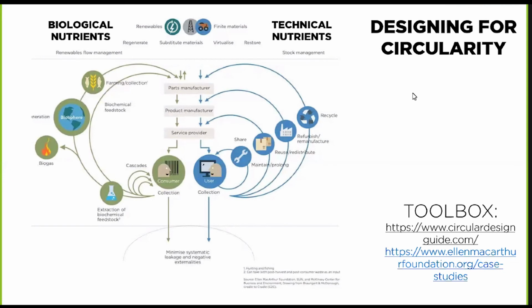And then we have the technical nutrient side, which is for everything that's not of biological nature: metals, glass, plastics, essentially. So how can we design products to move through these two lobes separately to maximize their recyclability?